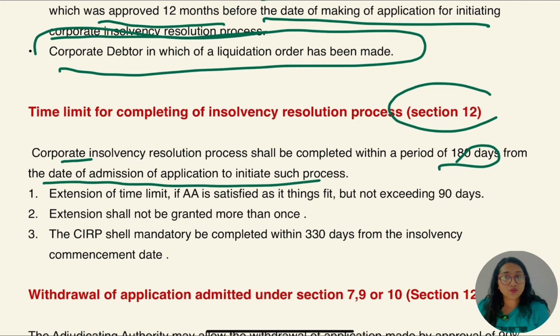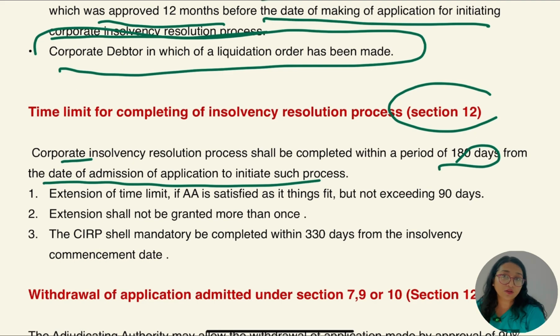Is there an extension of time limit by AA? Yes. If the AA is satisfied, then 90 days would be extended. Can you tell me if a further extension is provided? Yes, there could be, but most probably there is no extension. Extension is given only one time. And the maximum time limit within which this process is to be concluded is 330 days.